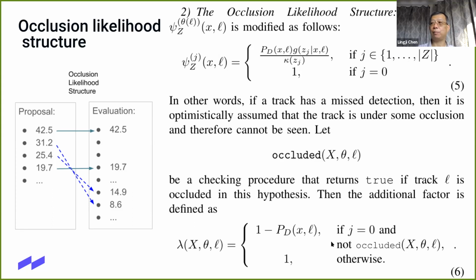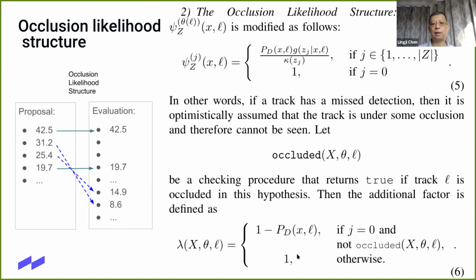But after we obtain the candidate, we actually look at all the tracks involved. We can decide whether it is or it is not actually occluded. If it is not occluded, then the term will go down from 1 to 1 minus PD. This PD, by the way, only models that particular point at that track, not the entire thing.